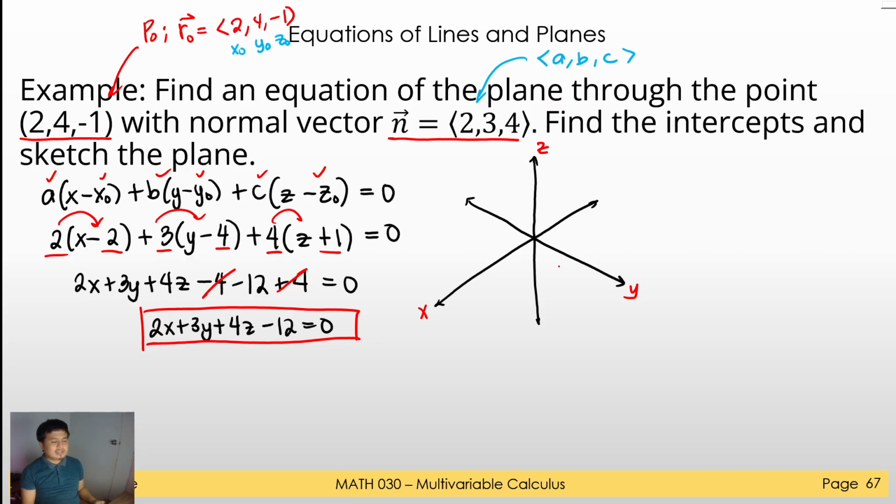When will it intercept the x-axis? The x-intercept is when z is equal to 0, and also y is equal to 0.